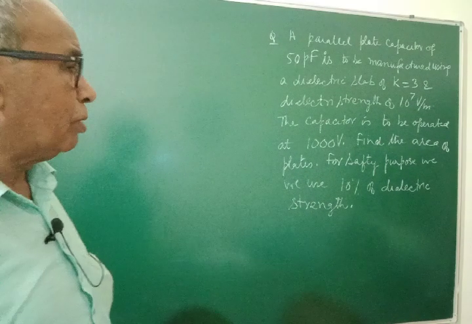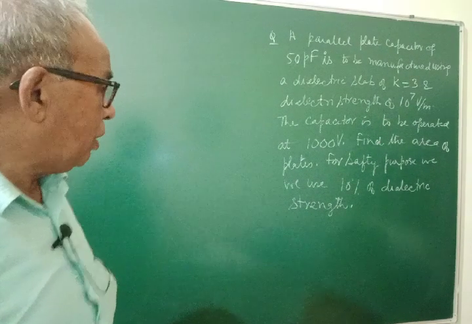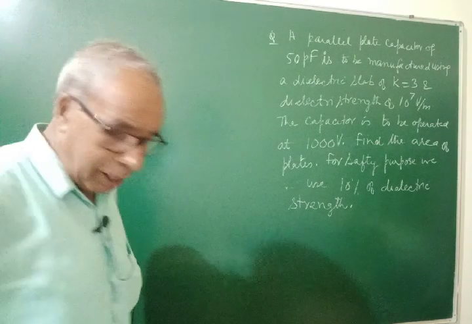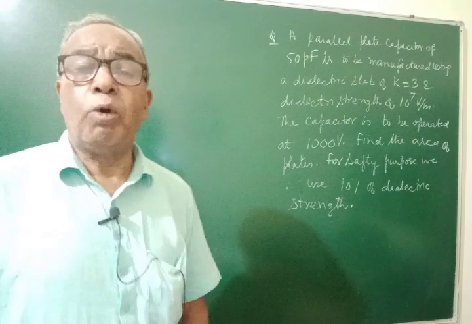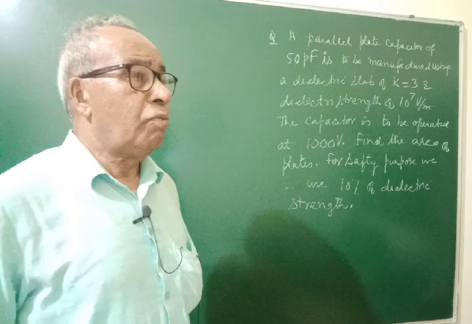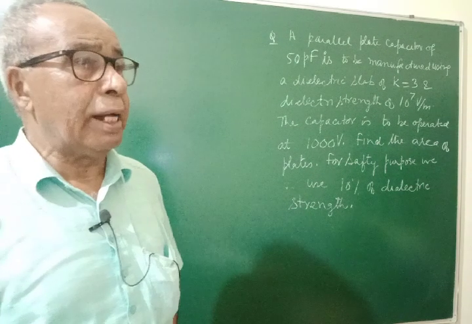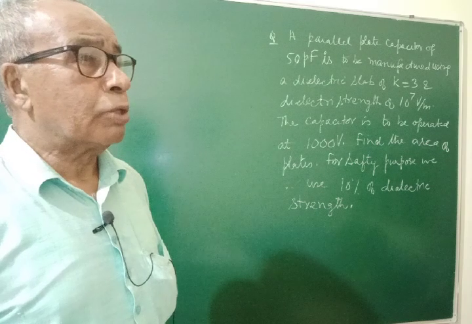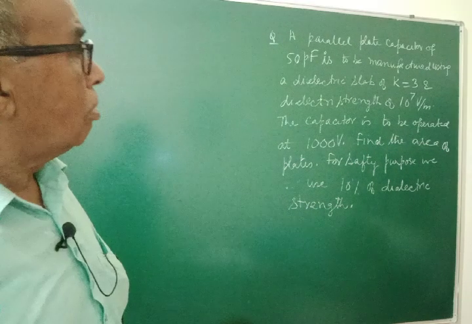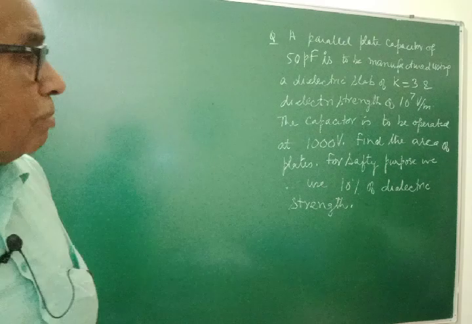For safety purposes, we use 10% of the dielectric strength. I told you what dielectric strength is: the maximum electric field which a dielectric can tolerate without conduction due to partial ionization.